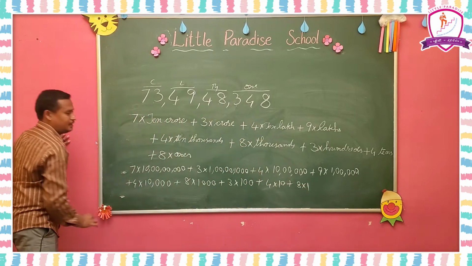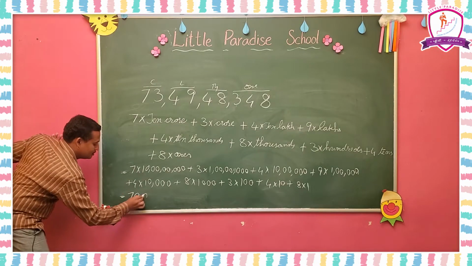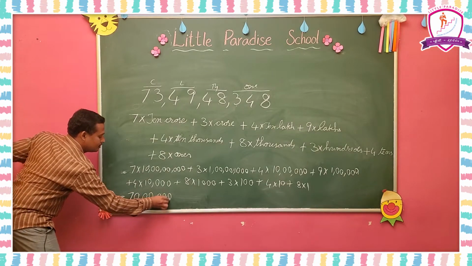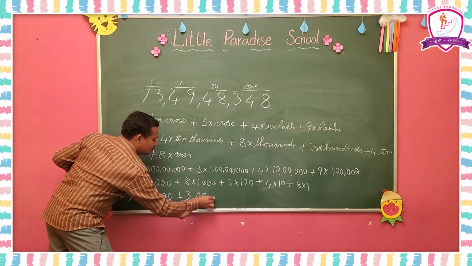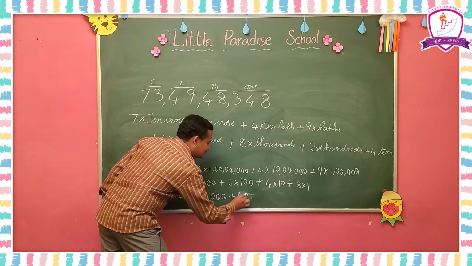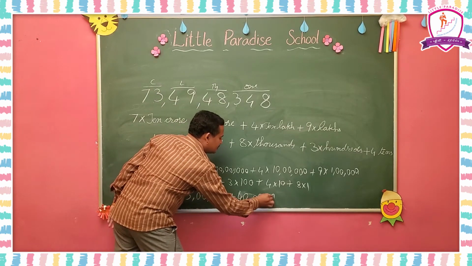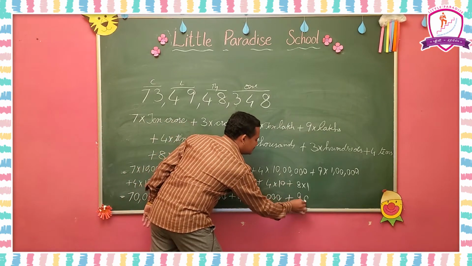Again you have to multiply this. 7 in 10 crores means 70 crores, plus 3 in crores means 3 crores. 4 in 10 lakhs means 40 lakhs. 9 in 1 lakh means 9 lakhs.